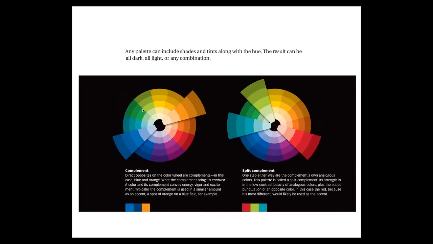Again, we have complementary, and complementary are usually opposite colors on the color wheel. And in this case, we've got blue opposite orange. You can have green opposite red, purple opposite yellow. Any other combination would be known as a complementary color palette. We could use the same kind of step, but adding a split on one end, and that is split complementary.